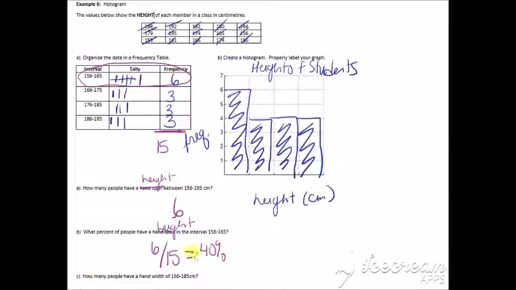Okay, so 40% of the people have a height of 156 to 165. And then the last one, how many people have a height of 166 to 185? So if you're actually talking about that, and I'll change the color to green, we're actually talking about 2 intervals now. So 3 plus 3, which is 6 individuals.